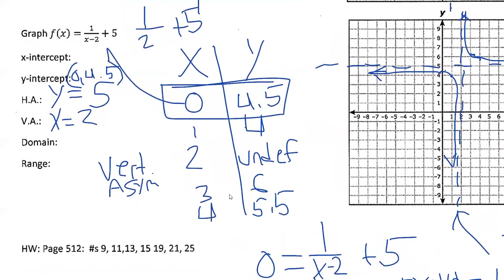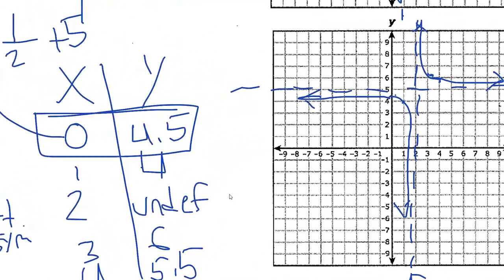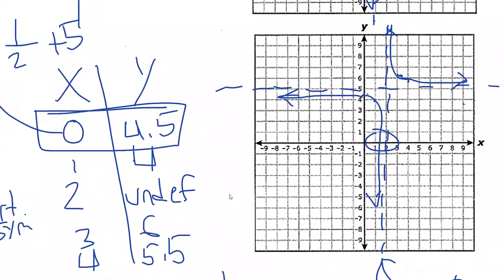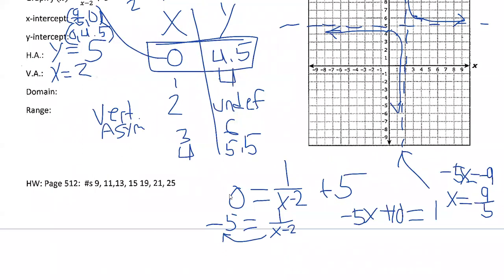So our x-intercept would be 9/5, 0. If you look at our graph, that's kind of what it looks like. It's between 1 and 2. So it should be positive because I got a negative over a negative. Unless I goofed up, but it makes sense just from the picture, it should be positive.